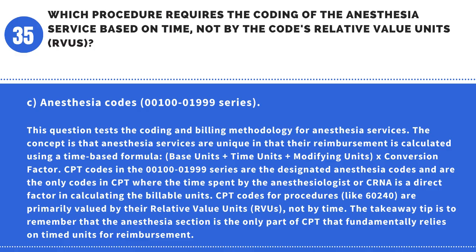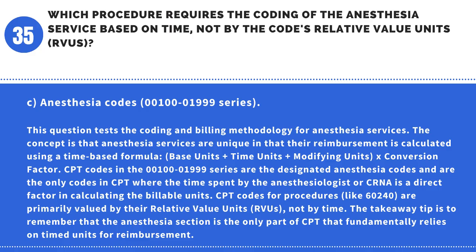00100-01999 series. This question tests the coding and billing methodology for anesthesia services. The concept is that anesthesia services are unique in that their reimbursement is calculated using a time-based formula. Base units plus time units plus modifying units, times conversion factor.